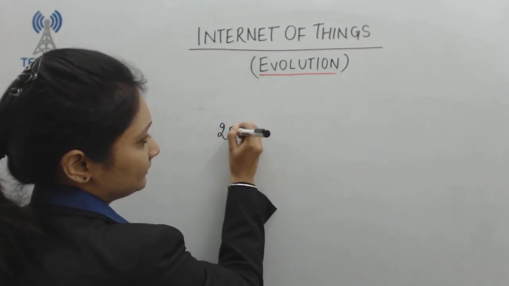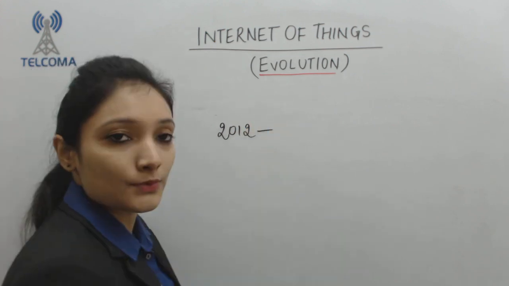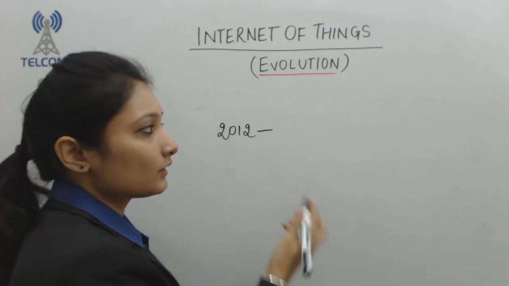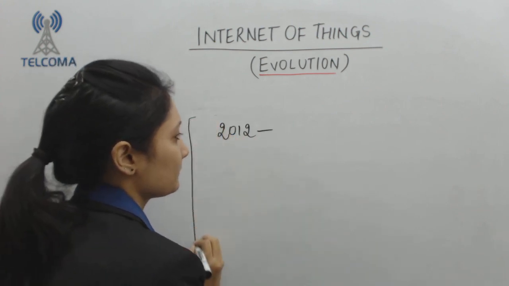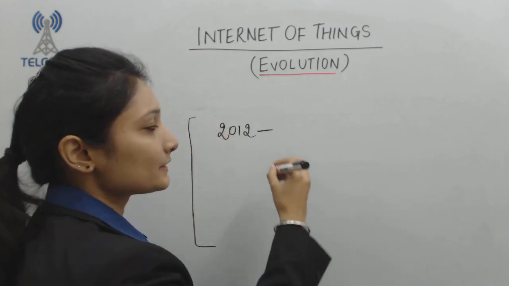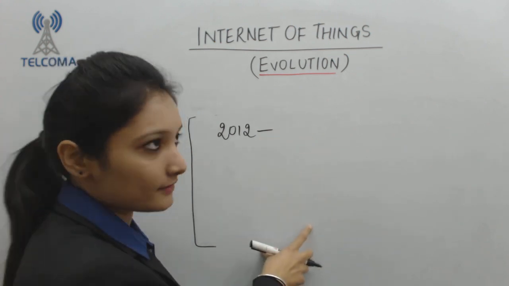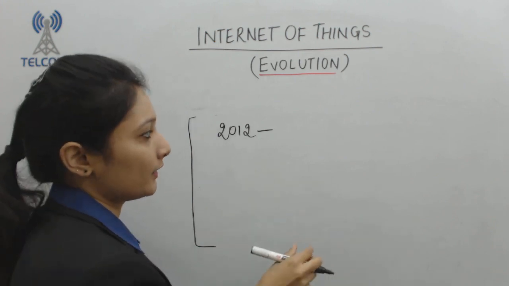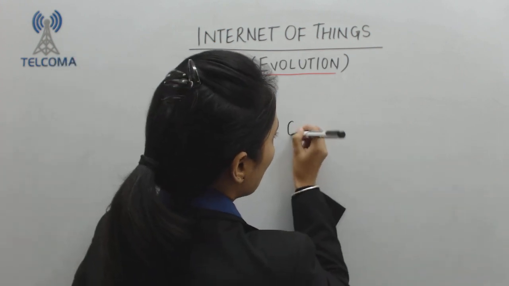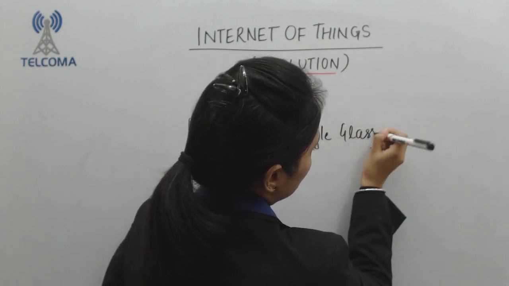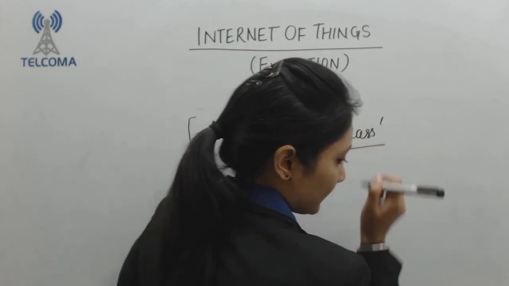Then, in 2012, a major advancement. We are mentioning the important evolutions of the Internet of Things which made an impact. By 2012, Google Glass was introduced.